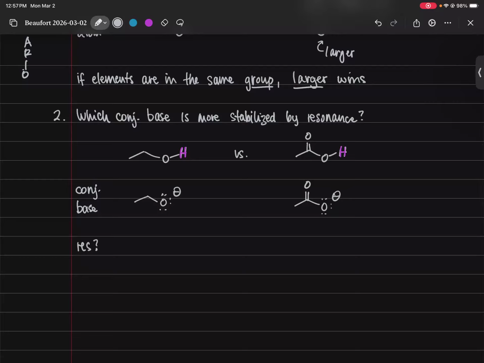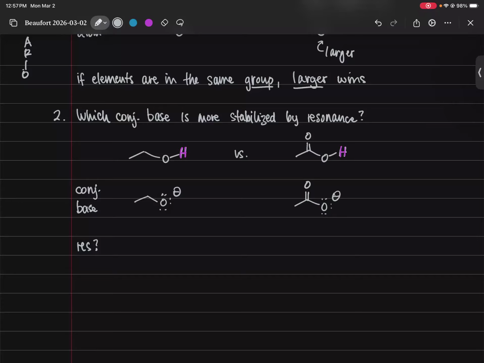And now, do we have resonance? Now, it may be the case that neither of them have resonance, and then this rule doesn't help, or it may be the case that both of them have resonance structures, and then you've got to compare how many does each one have. Fortunately, in this case, it's very clear very quickly.